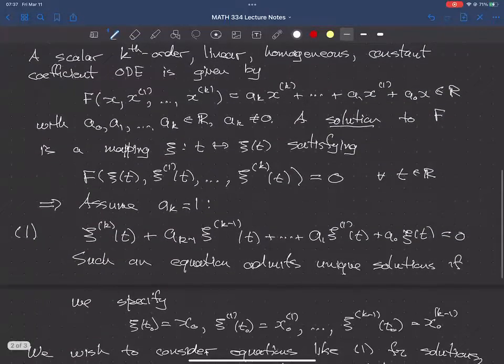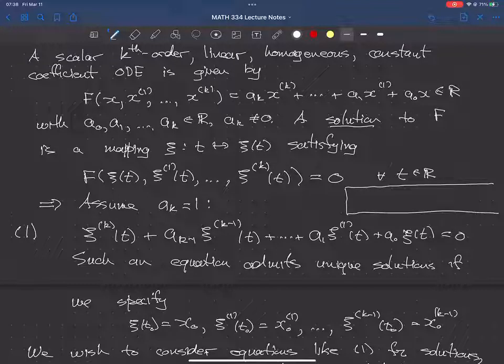Sorry, I didn't say this, so let me kludge it in here because this is where it belongs. Here is some terminology I often use when I have a differential equation F that involves the highest derivative, the order of my differential equation, in this case k. I will normally write F hat as the thing you get from solving this equation for the highest order derivative.